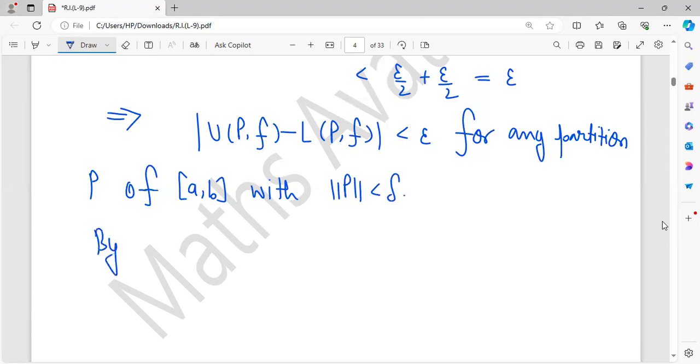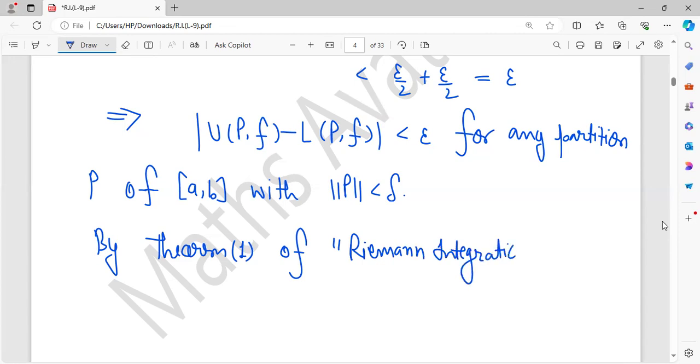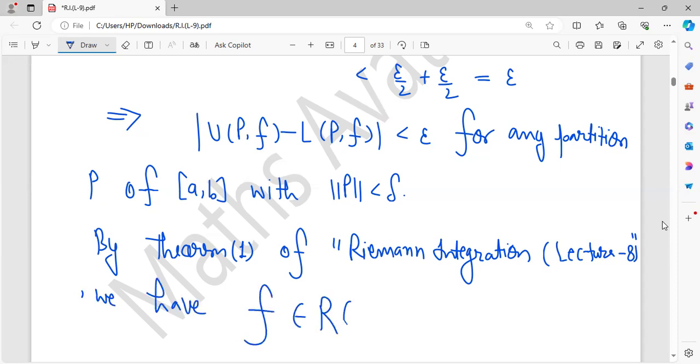By theorem 1 of Riemann integration, lecture 8, we have f belongs to R[a,b], which means f is Riemann integrable.